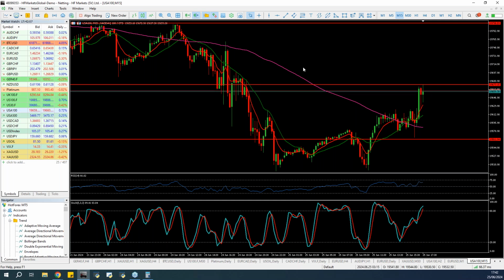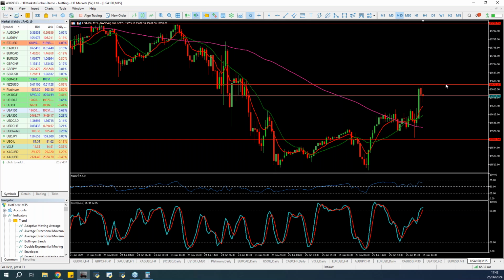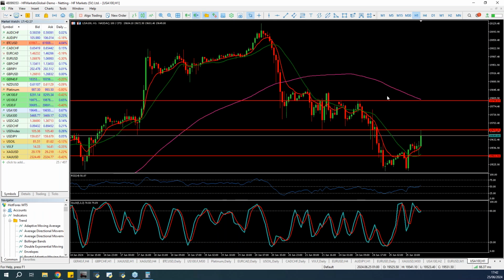Now, instead of looking at a scenario like this where I open one trade, this is my stop loss, this is my take profit, you can look to scale in. So rather than opening one lot here, I'm going to open 0.25, and that's where my stop loss and take profit is going to be. Let's go to 1 hour.